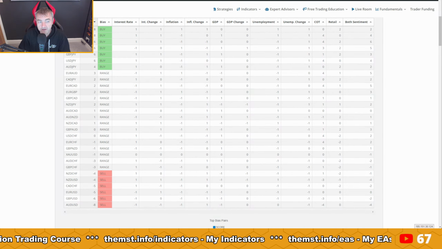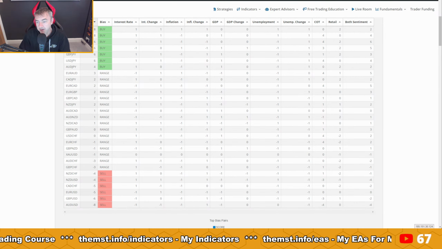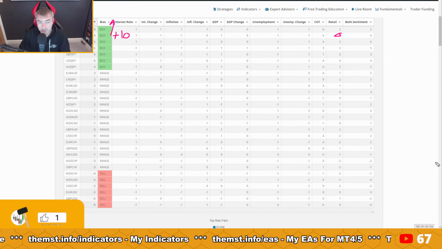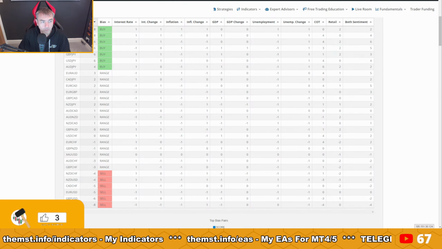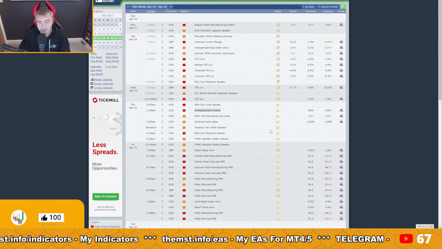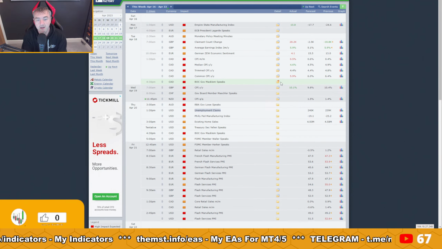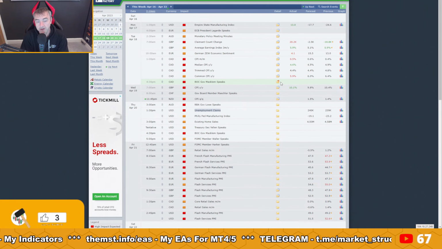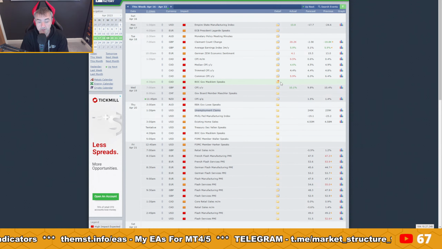And US dollar CAD is the other big strong buy at the moment. That's got the potential to go up to a +10, which is a real strong buy. But that will all potentially change tomorrow off of the unemployment claims as well. Not the unemployment rate, but the unemployment claims will forecast what the unemployment rate will be.